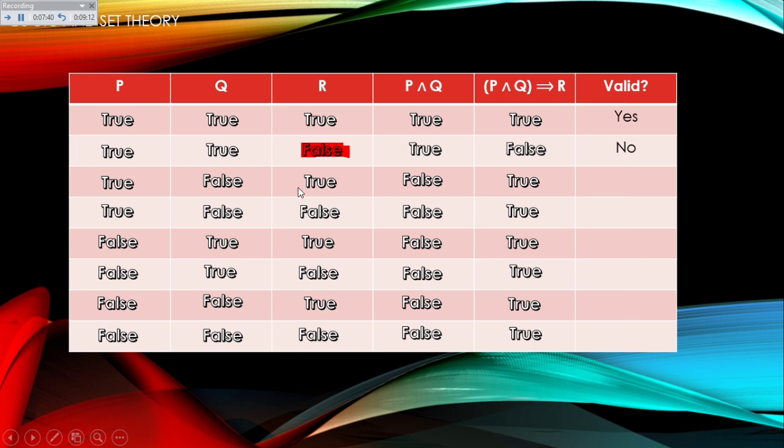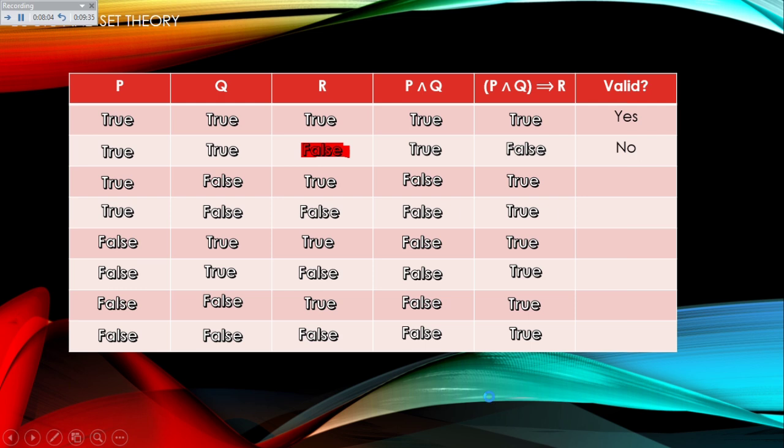Because if the P statement is true and the second one is false, then the last one is false, and it is true, so it is valid. The first row is yes and the second row is no. So this is the only row that is not valid.